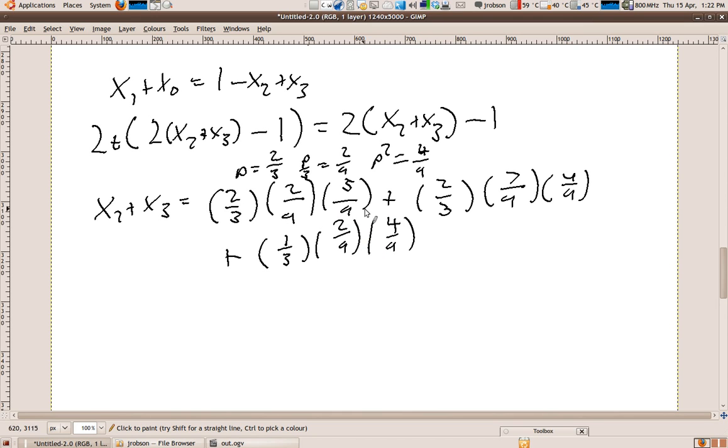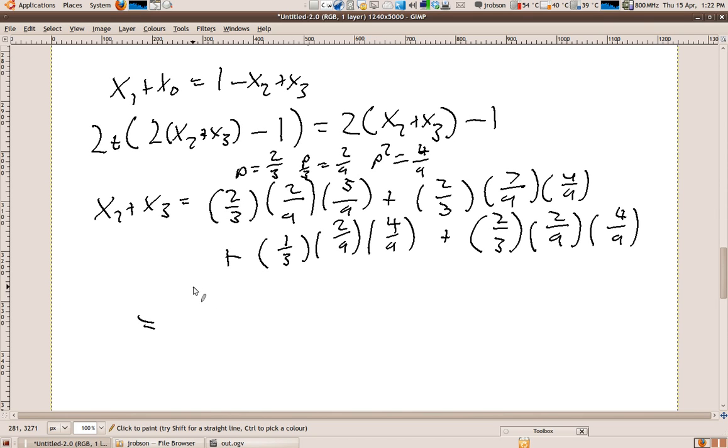So that is all x2, and then x3 is just all of that multiplied together, which is 2 over 3, 2 over 9, 4 over 9, which is equal to, now, all over a common denominator of 243, 3 to the 5.